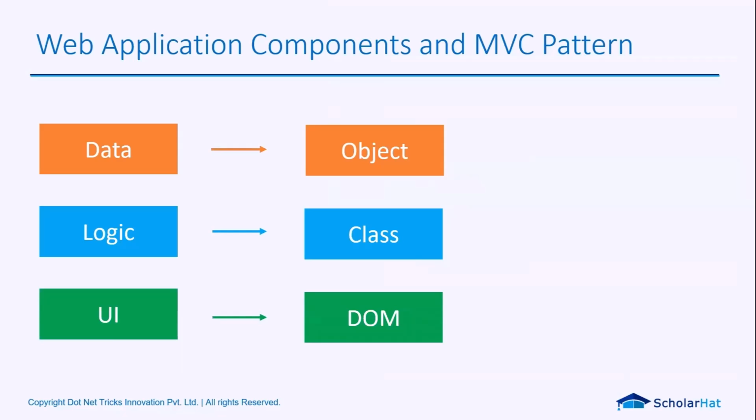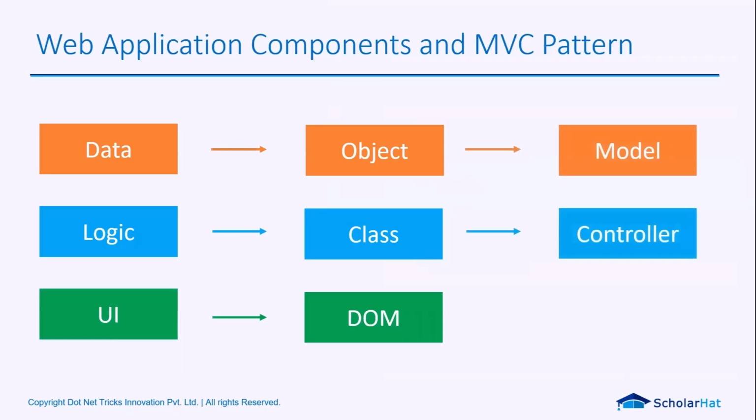Models are the objects in our application, and the controller is a class where we write our presentation logic. The DOM is about the views we have, the HTML markup we put there, which is going to be rendered as a DOM. So models are the domain objects. Controller is a class where we have written some logic.